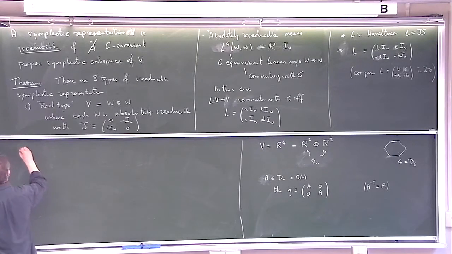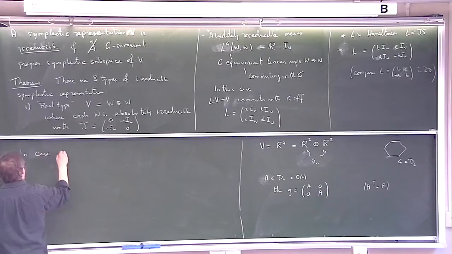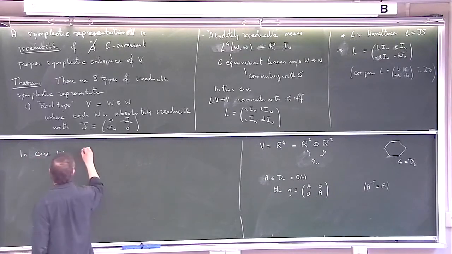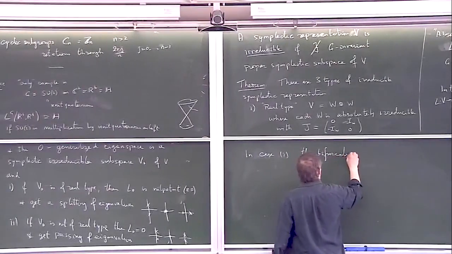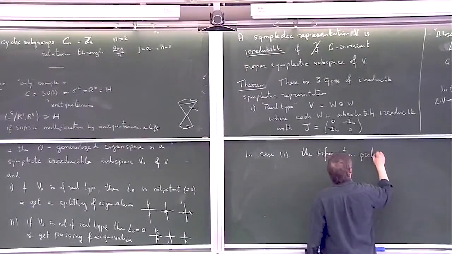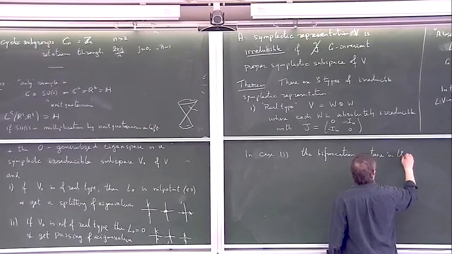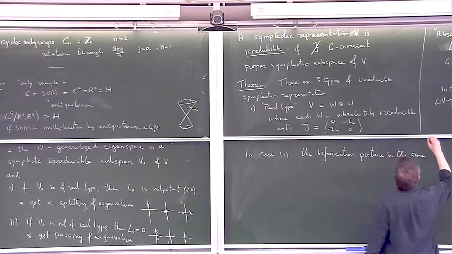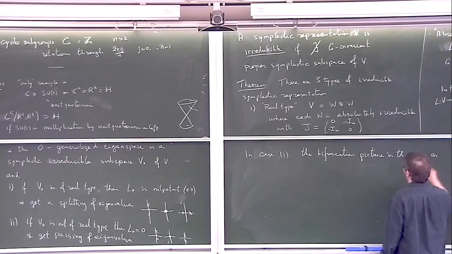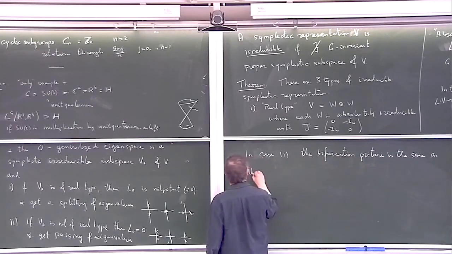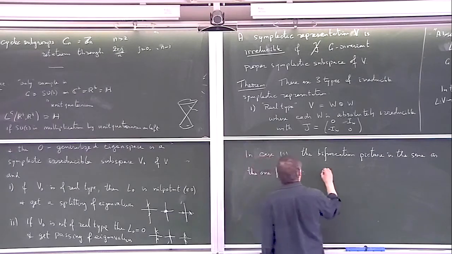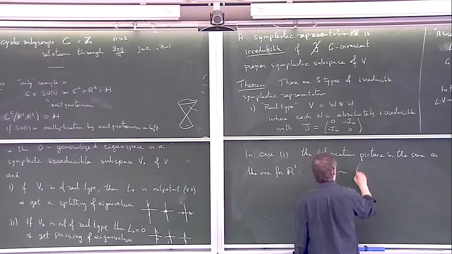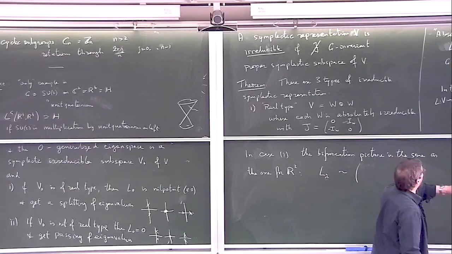So in case 1, the bifurcation picture is the same as the one for R2. L lambda is something like, where have I got it written down? Up there.